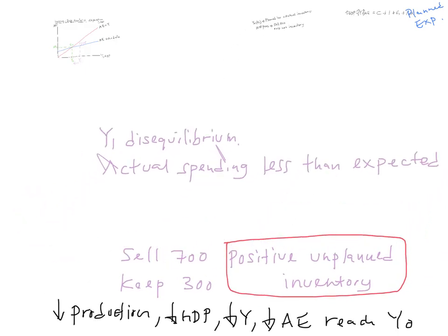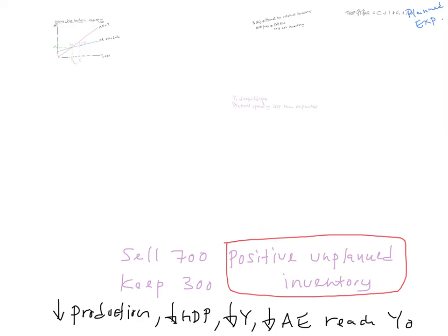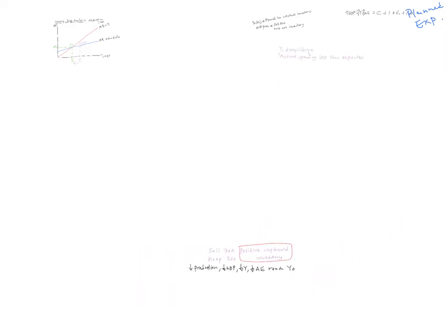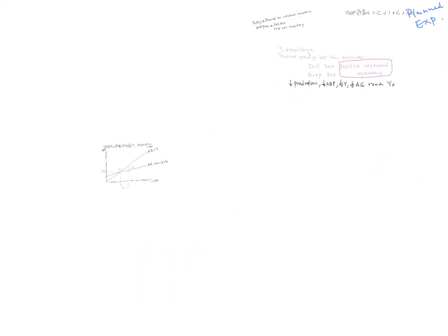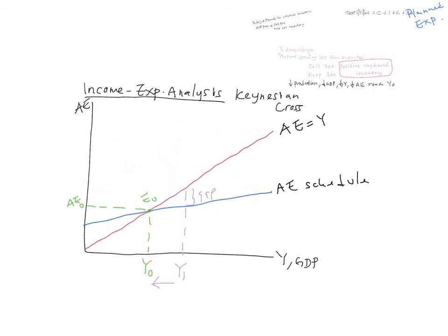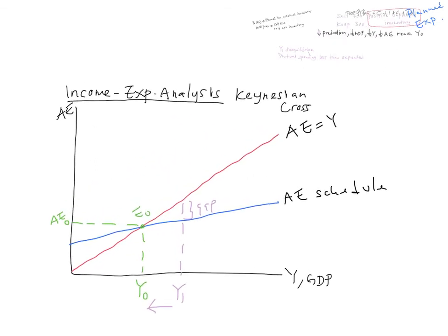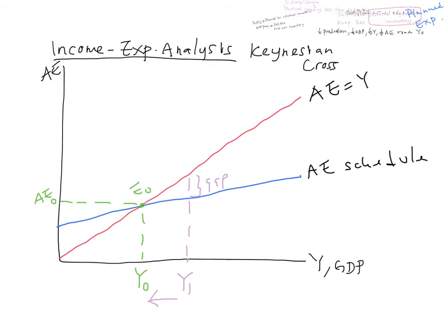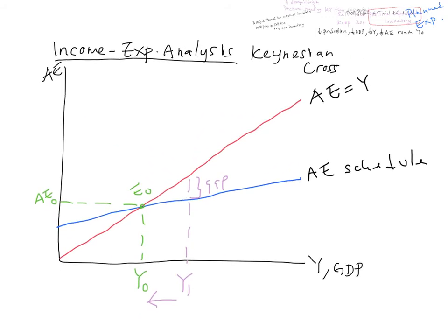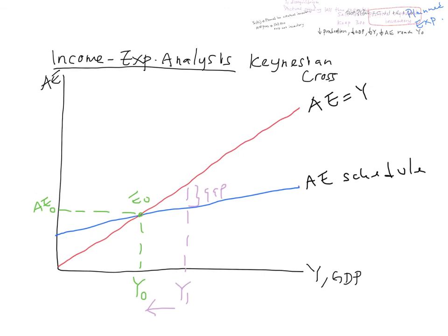Okay, I move that there. And that's how we go from Y1 to Y0. That's the explanation.